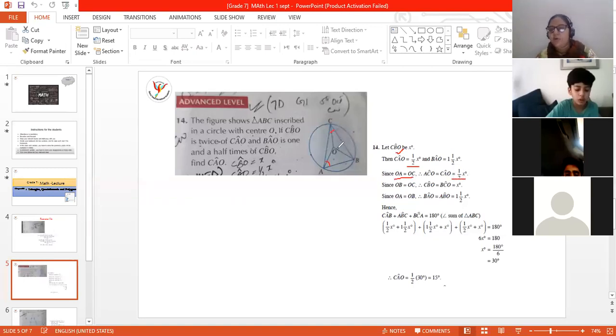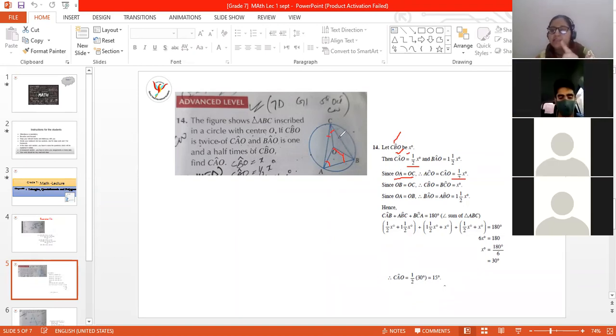Now the other side OB is the same as OC. This side is equal to this side, which means this angle and this angle will be the same, and angle B is equal to X degree, then angle C will also be X degree. Now you can see that angle C has two values, one is half of X degree and the other one is X degree, right?